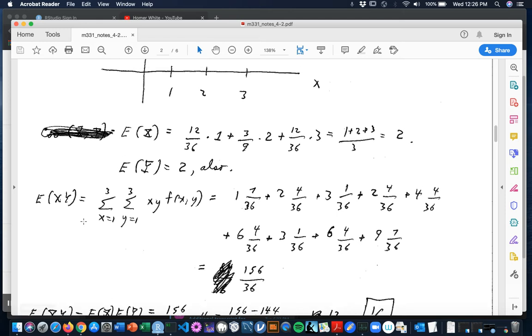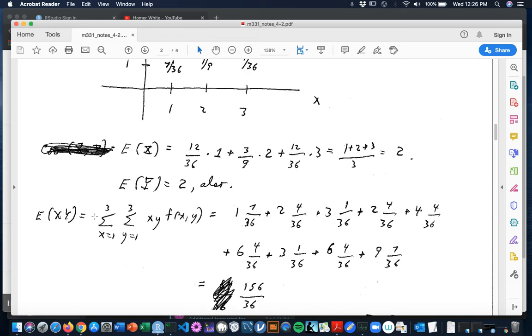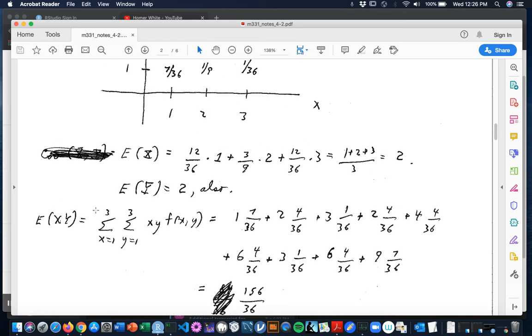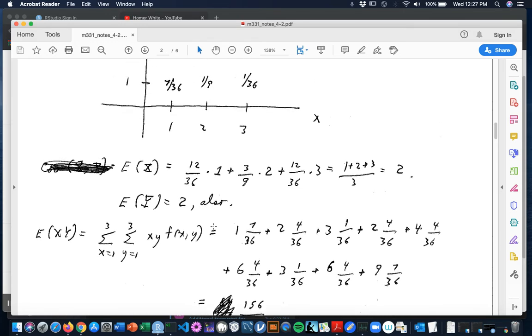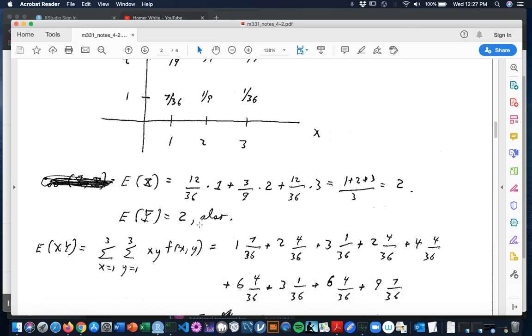Okay, let's go for expected value of x times y. So we sum over the possible values of x, and then for each x, what are the possible values of y? Well, there's still 1, 2, and 3, so the sum is easy to write. And so we do xy times the chance. So we've got to add up 9 things, and you have to get the products.